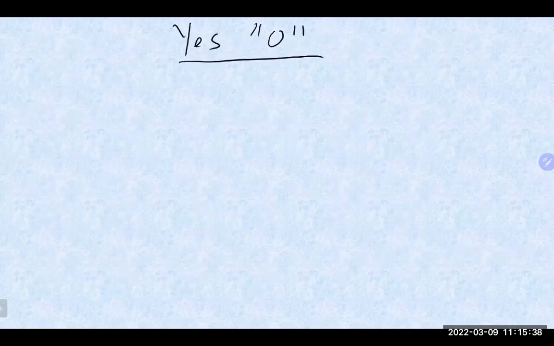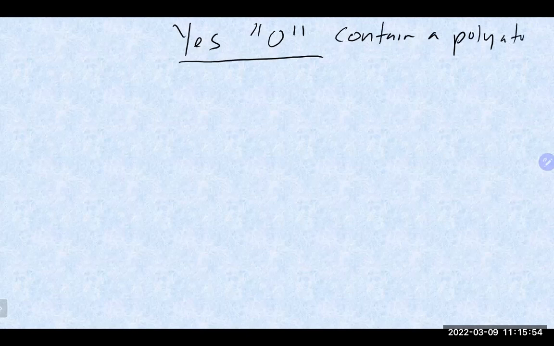Now, let's talk about if the answer to our oxygen question is yes. If your acid does contain oxygen, it is sometimes referred to as an oxyacid. It will also contain everybody's favorite thing, a polyatomic ion. Most oxyacids will contain a polyatomic ion.